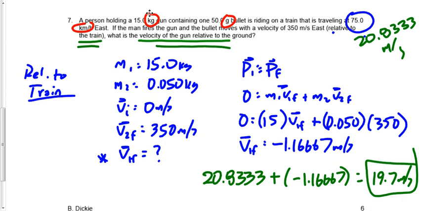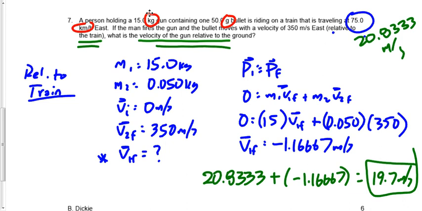But everything would have to be relative to the ground. If that was the case, you would say V1I, the gun and the bullet, would be 20.833 relative to the ground. V2F wouldn't be 350 because that was relative to the train.